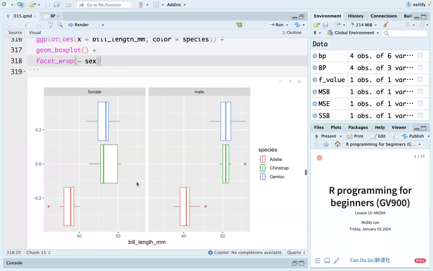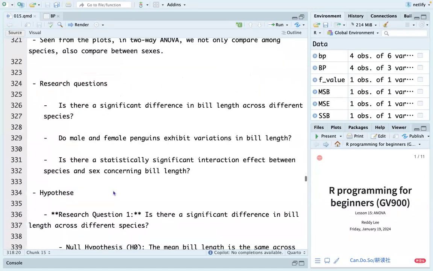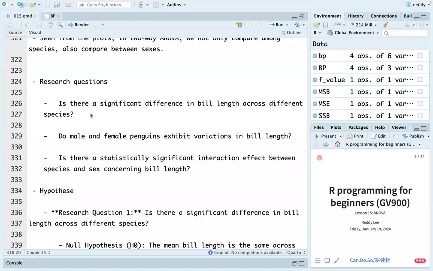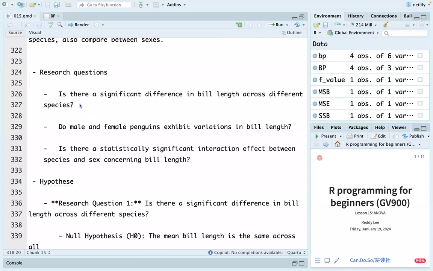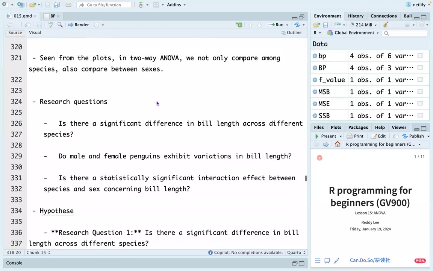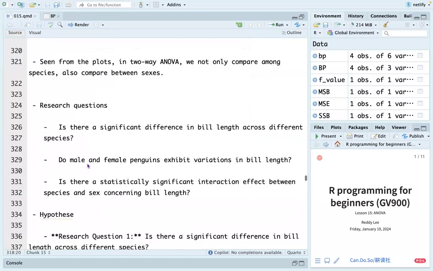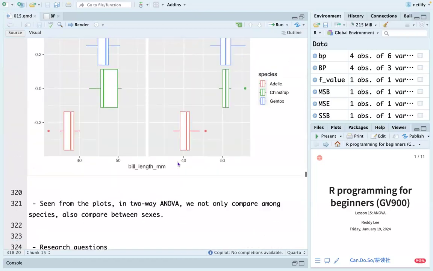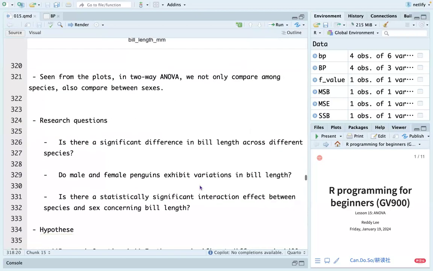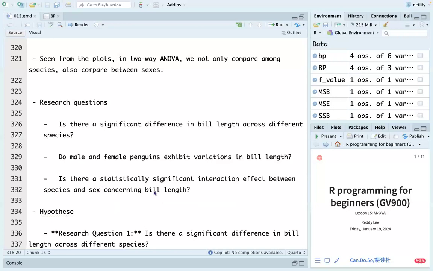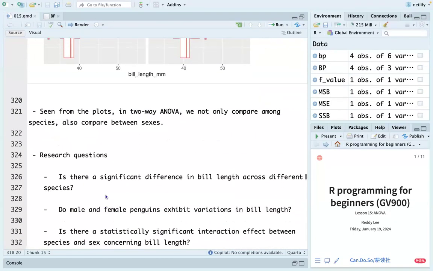So in this case, because it's a two-way, it's a little complicated. We have different research questions. First, is there a significant difference in bill lengths across different species, like we said? And second, do male and female penguins exhibit variations in bill length? And third, is there a statistically significant interaction effect between species and sex concerning bill lengths?